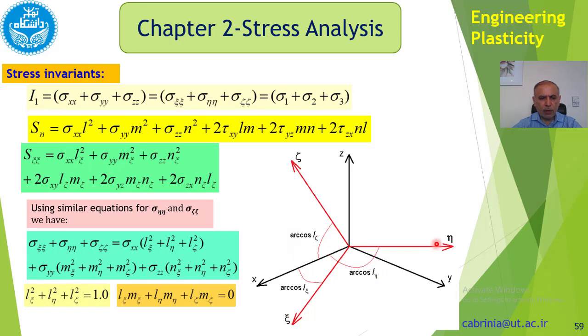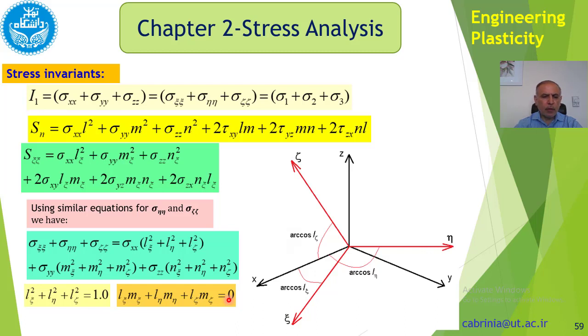And also we could use similar equations for zeta and eta. For all of these, the direction cosines, of course, have these relationships: the sum of the squares of the direction cosines is 1, and the product of the direction cosines must be 0.